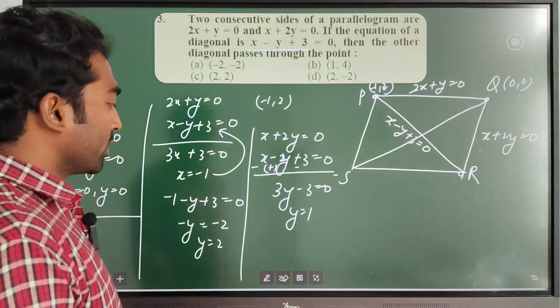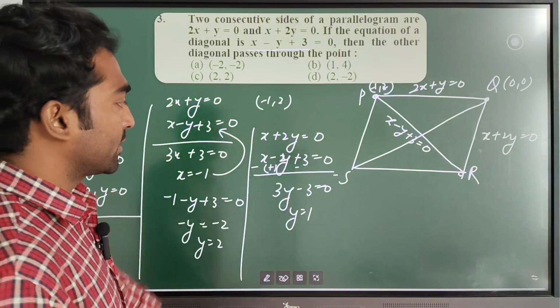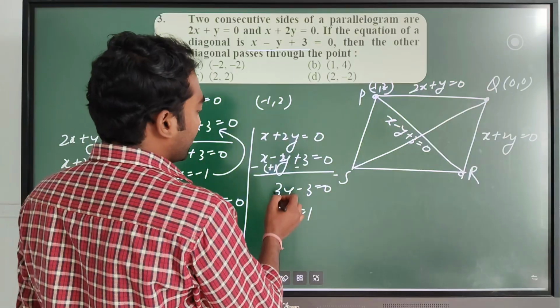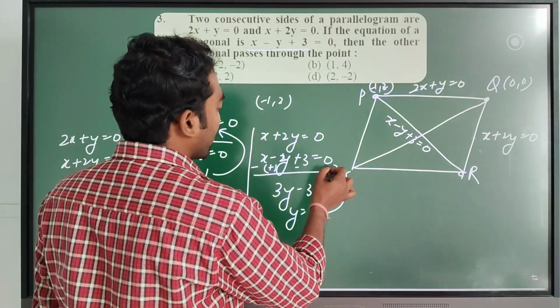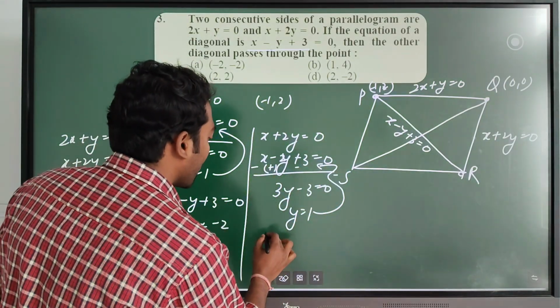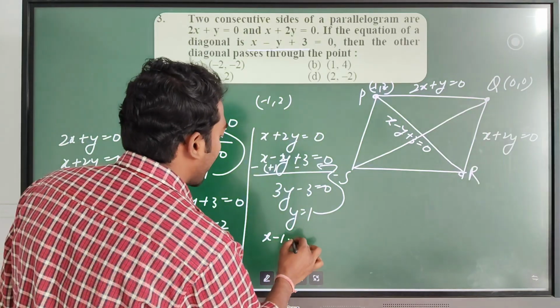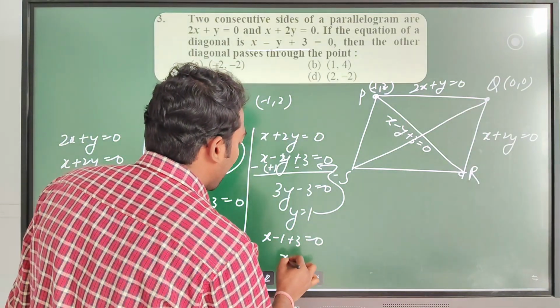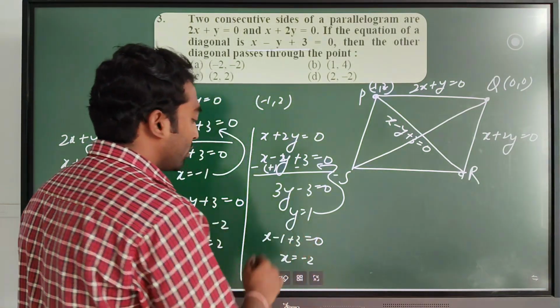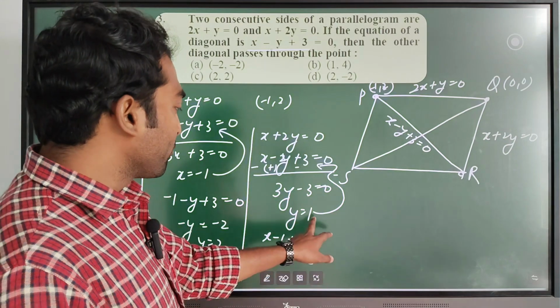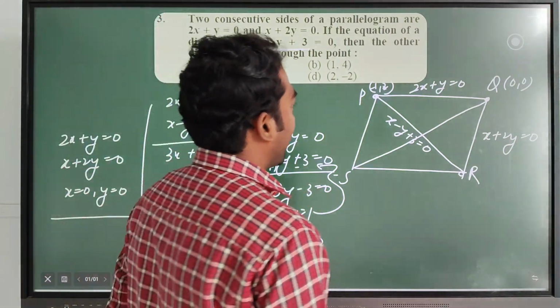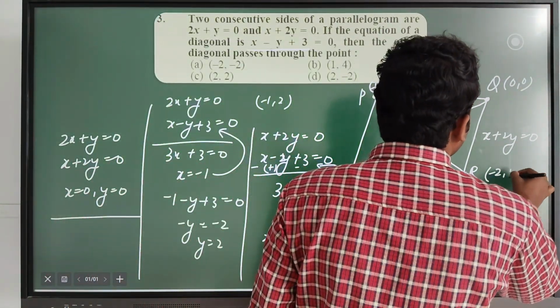Now putting the value of y in either of them: x minus 1 plus 3 is equals to 0, or x is equals to minus 2. Then the coordinate of R is (minus 2, 1).